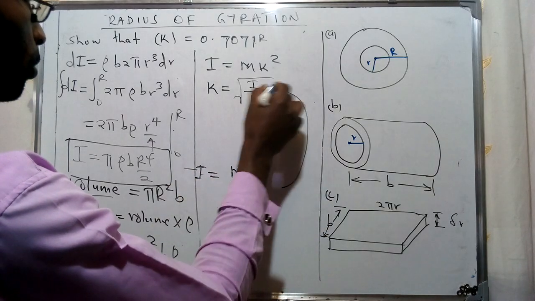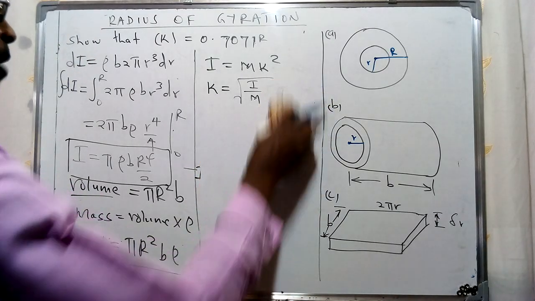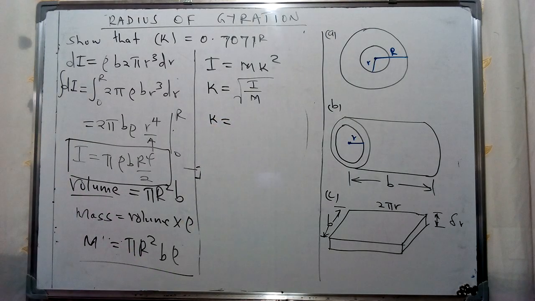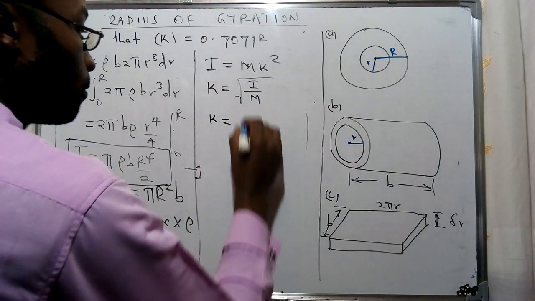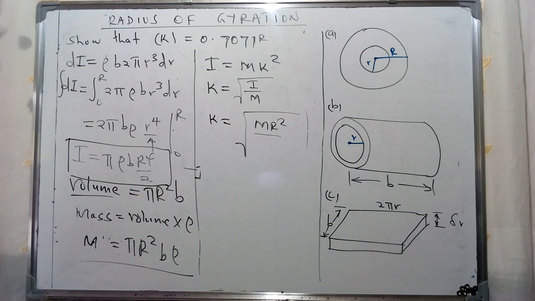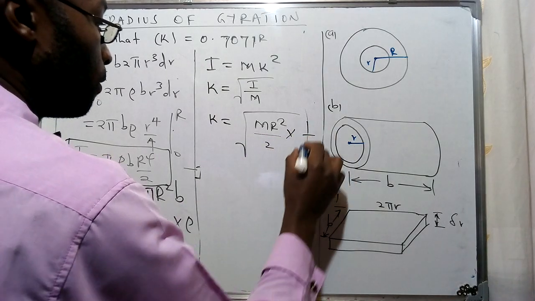So we are going to substitute this moment of inertia in this equation for us to have a representation for the value of k, which is given as the root of m r squared over 2 times 1 over m.